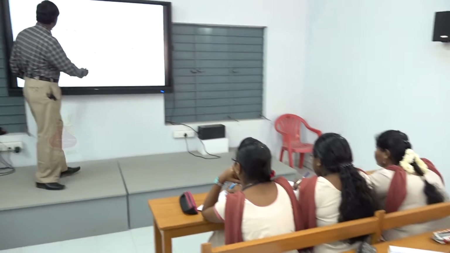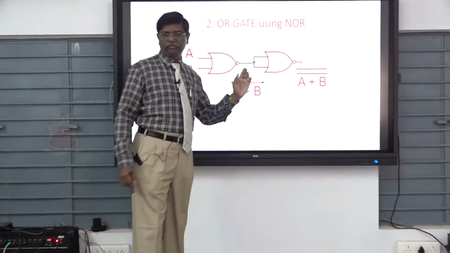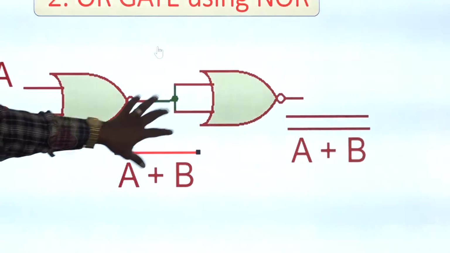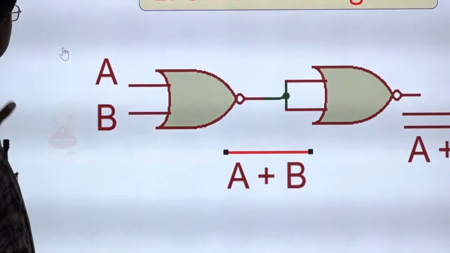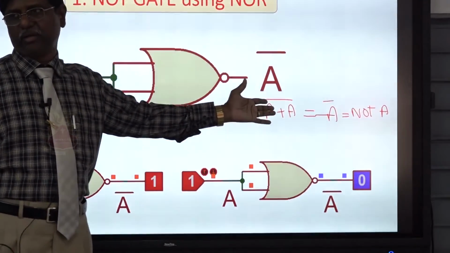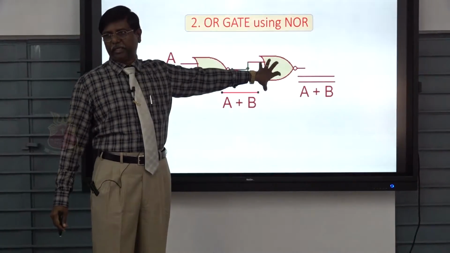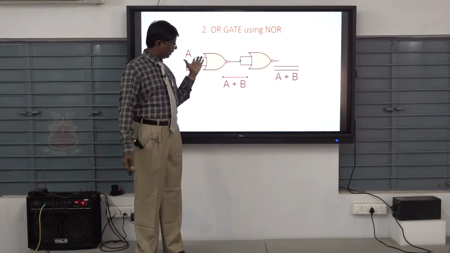Okay. If A and B are the inputs, then the output of the first NOR gate will be A plus B bar. Then this particular unit, as you know from the previous slide, this arrangement is simply a NOT arrangement. So this is an inversion operation or NOT operation. So it is again inverted.